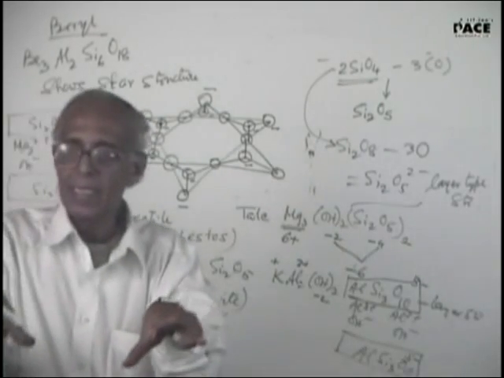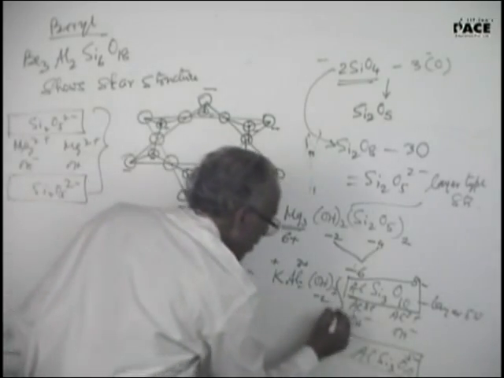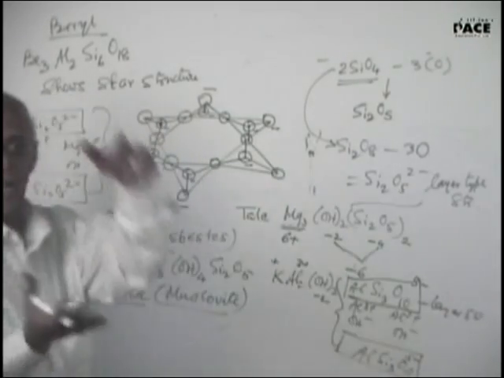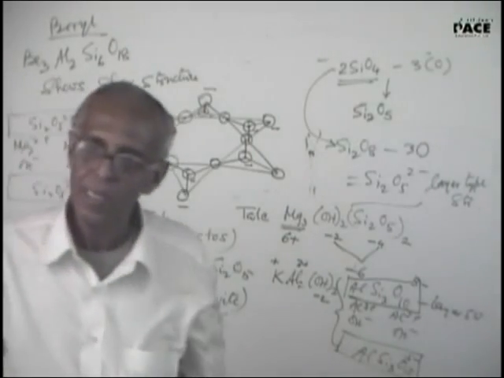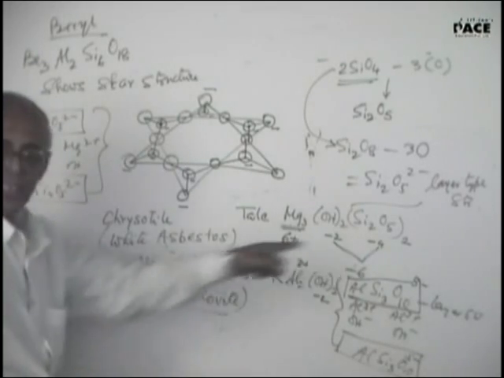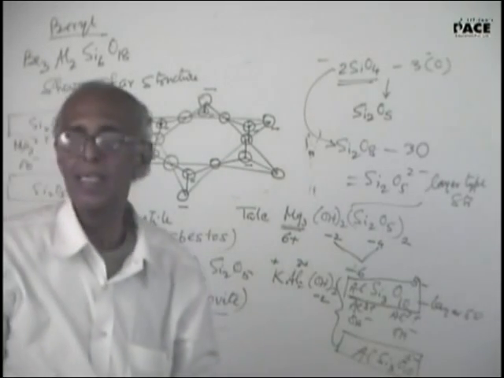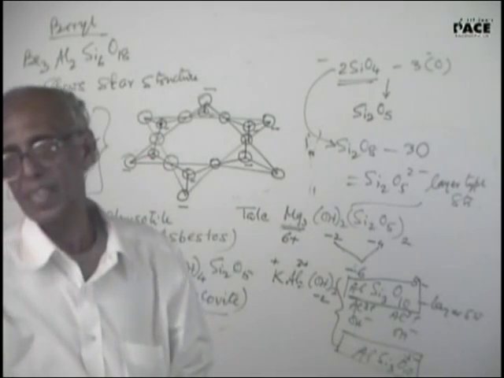They are sandwiched between the two layers, and this is 1 unit. And 1 unit is stacked over another unit and goes on, gives a polymer. And this is the structure which you see in mica, in talc, and in white asbestos.